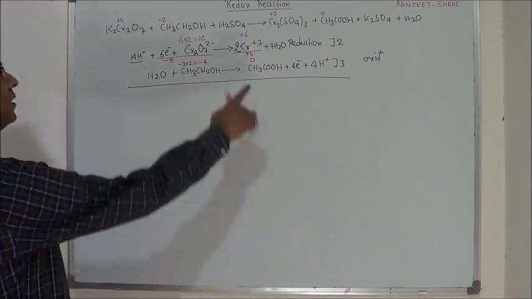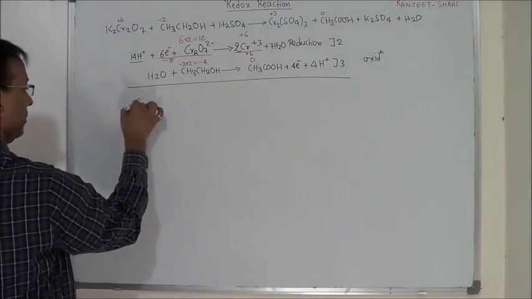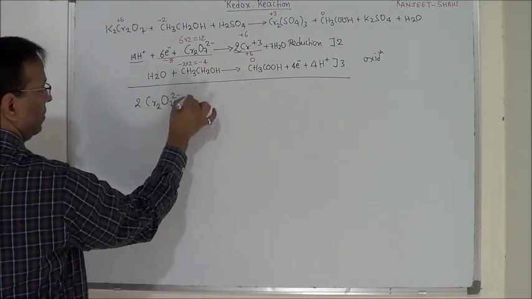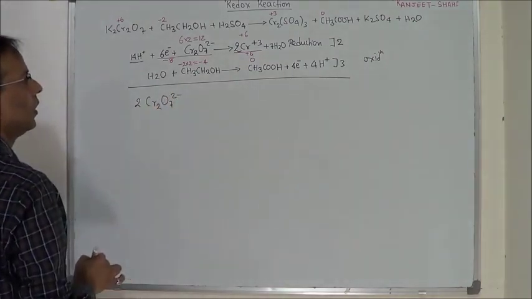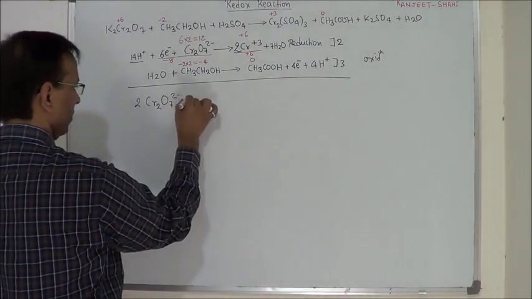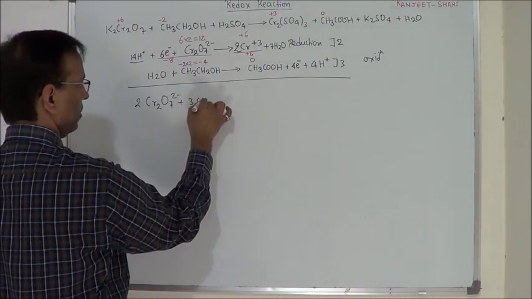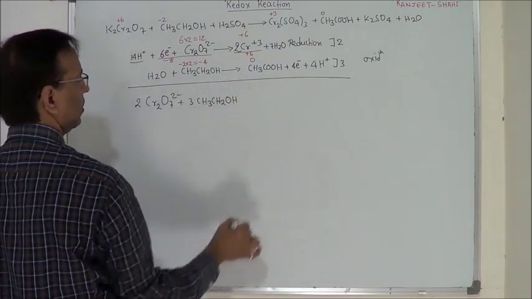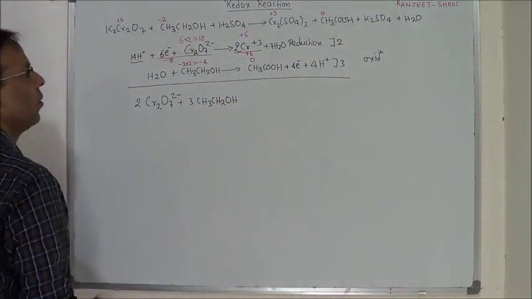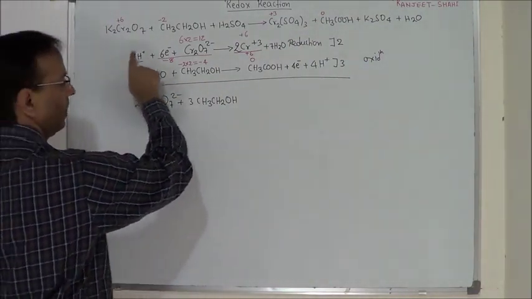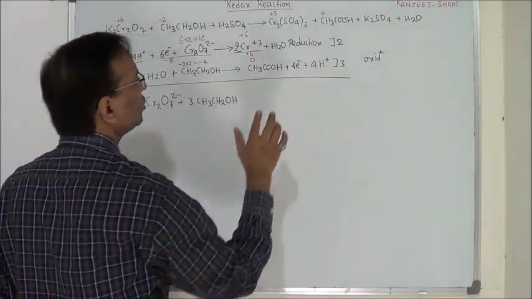What we obtain? 2 dichromate, 3 ethanol, what about hydrogen ion? 2 into 14, 28, 3 into 4, 12.